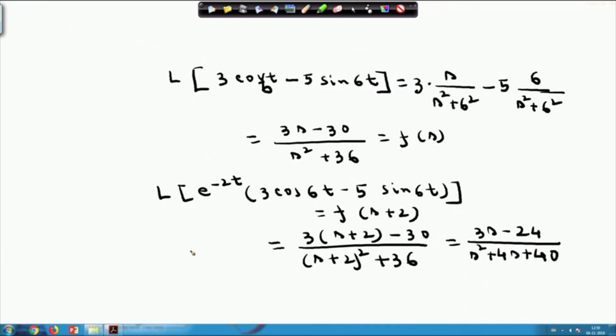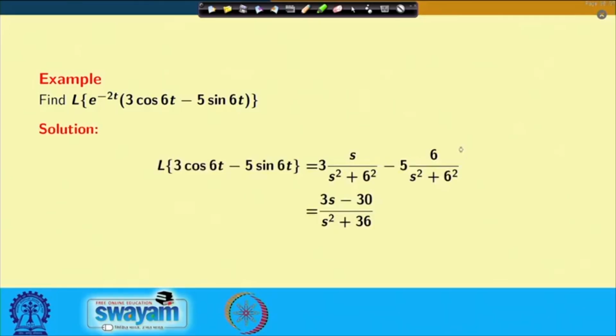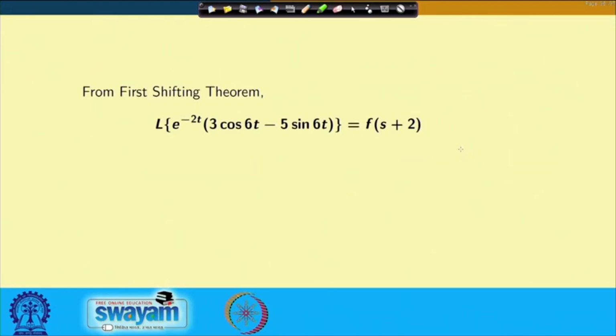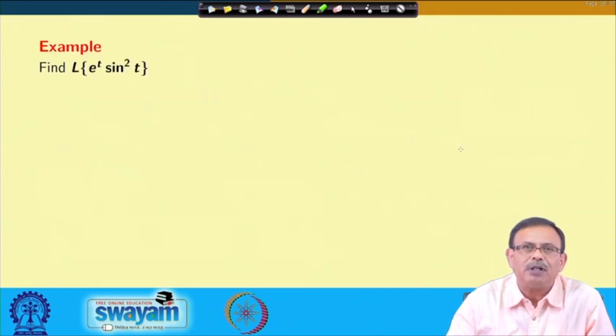Using simple property in a simple way, I am finding the Laplace transform of various functions. Simply we are going through this, and then we are obtaining the solution as this one. So, the ultimate result is (3s minus 24) by (s square plus 4s plus 40).